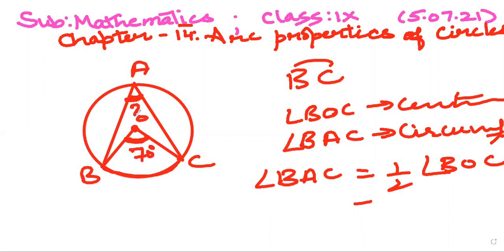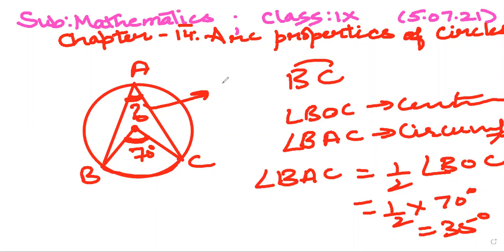Can you find the angle subtended at the circumference by the given arc? Yes, you are right, it will be half of that. So it will be half times 70 degree, that is 35 degree. So the angle subtended at the circumference is 35 degree.